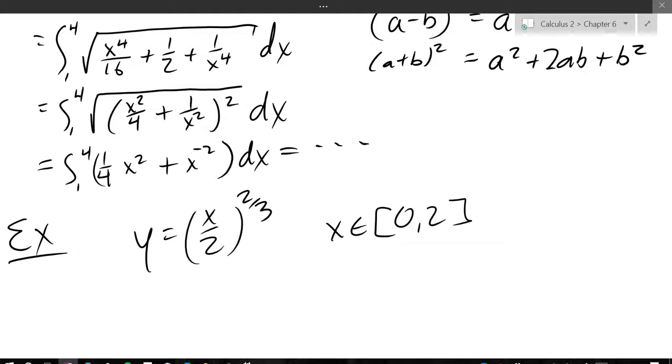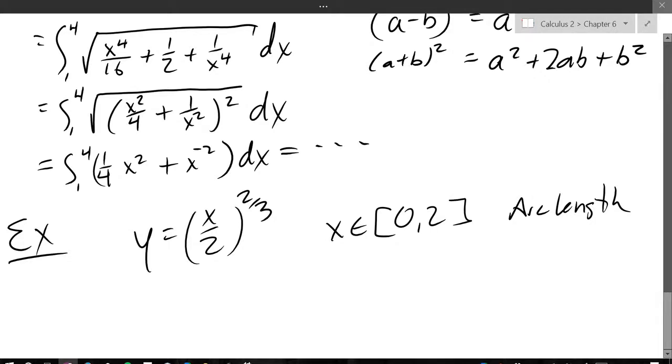All right, step 1, how do we get arc length? Derivative. So take the derivative, so this is our f of x right here. So go f prime of x.